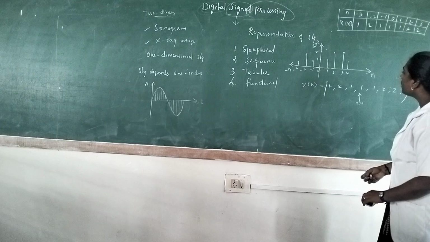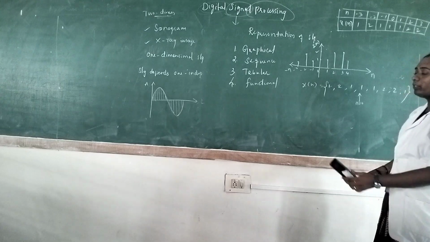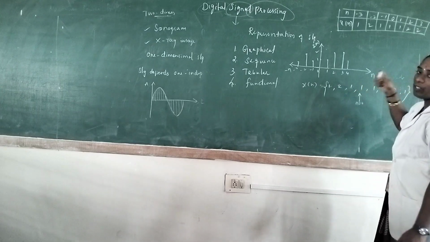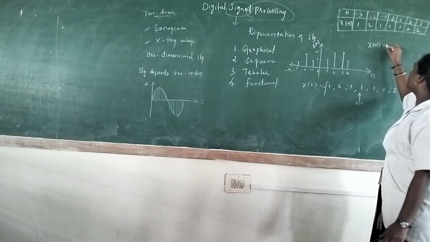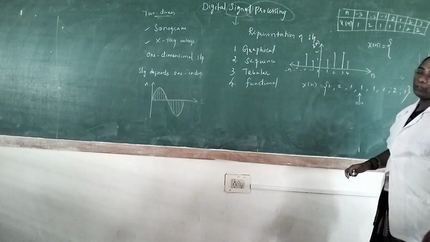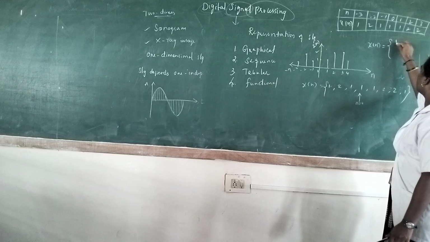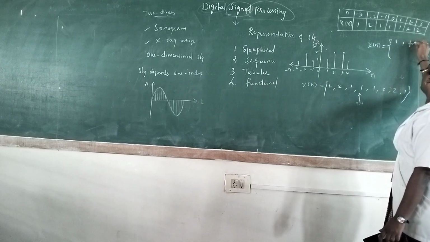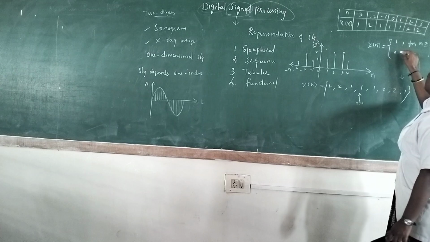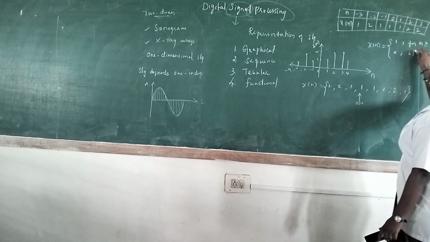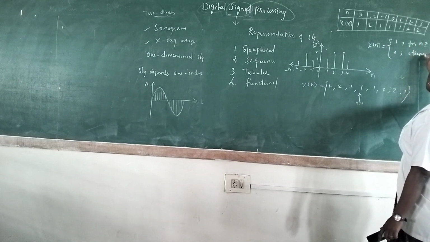Okay. And then the next representation is functional representation. Here the function is x of n, which is equal to 1 for n greater than or equal to 0, and 0 otherwise.